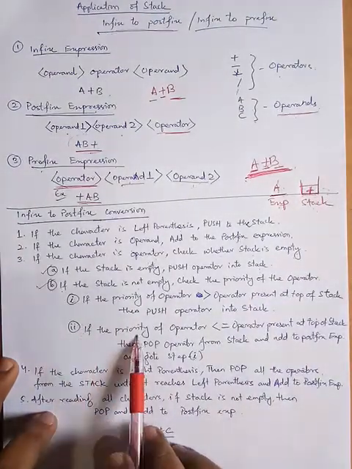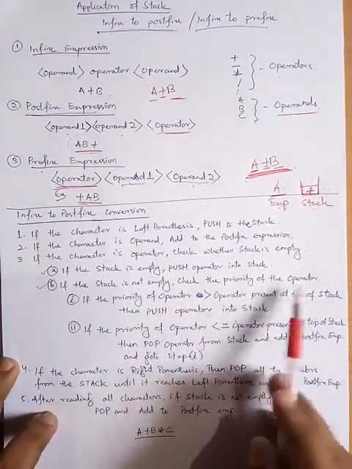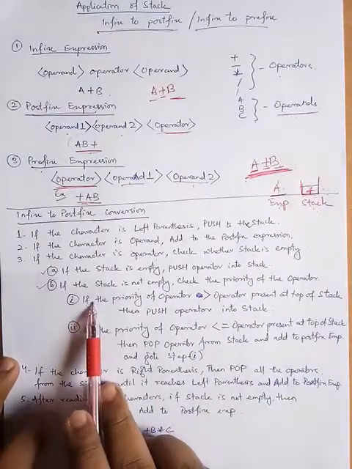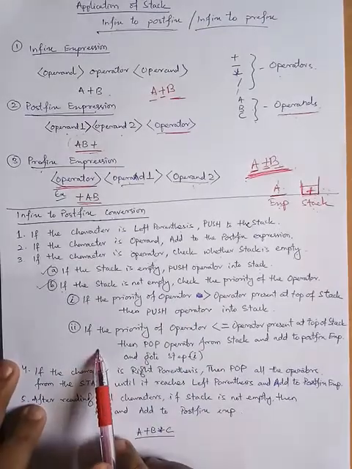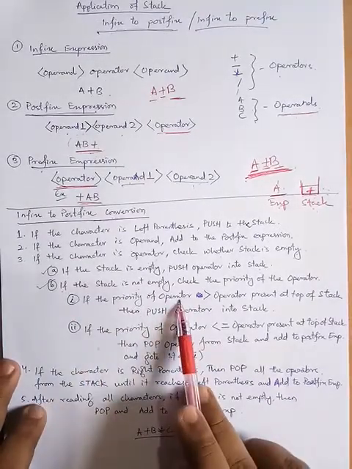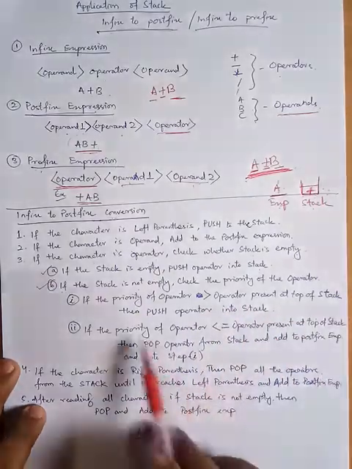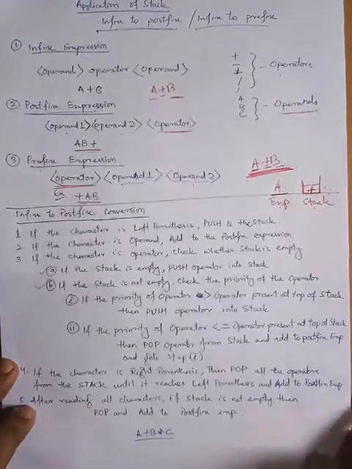So if the stack is not empty, check the priority of the operator. Then there are two conditions. If the priority of the operator is greater than the operator present at the top of the stack, then push the operator into the stack. Take one example.